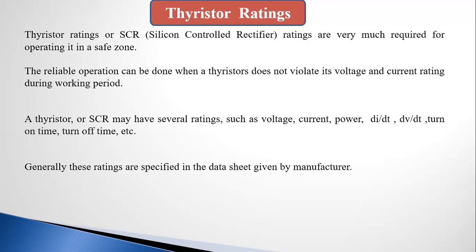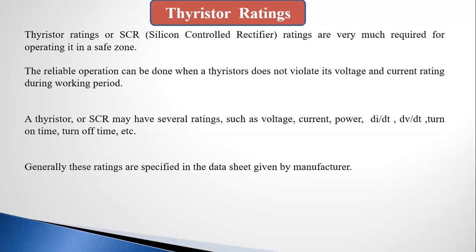These are the various types of ratings which we will discuss one by one. These are the common basic ratings which any system, equipment, or component requires for operating in the safe zone. That means there are some conditions and limitations of particular devices, so we should read them.